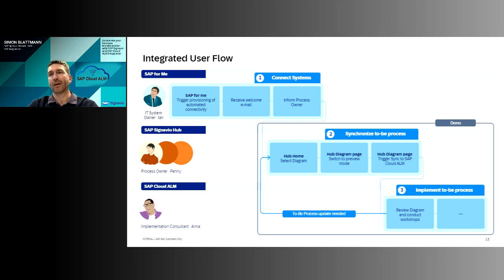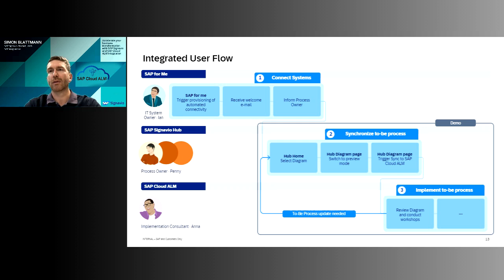And when you click the provisioning button, in the background, basically the connectivity add-on is provisioned for you in your customer context. The Signavio tenant is connected to it automatically.